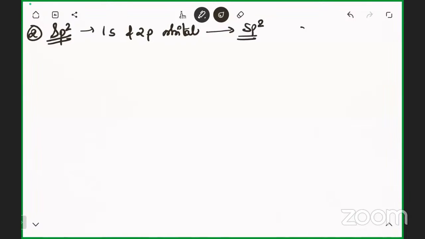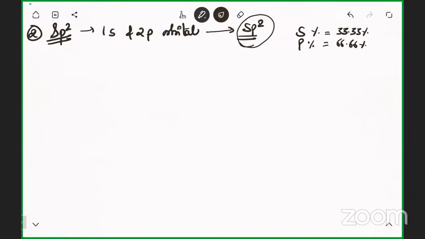Now, s character and p character: how much? 33.33% S character and 66.66% P character. Does everyone know how we have to calculate this S and P character? See, in sp2, how many orbitals are present? 1s and 2p. The total number of orbitals is 3.